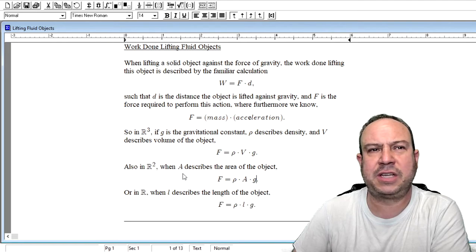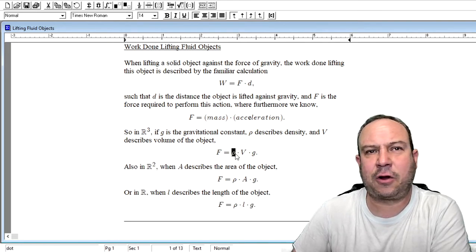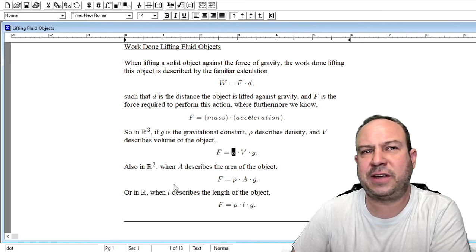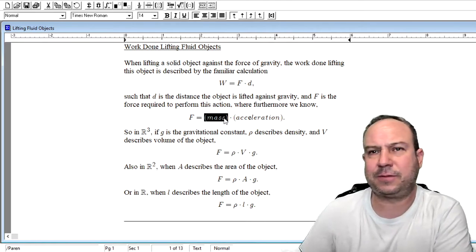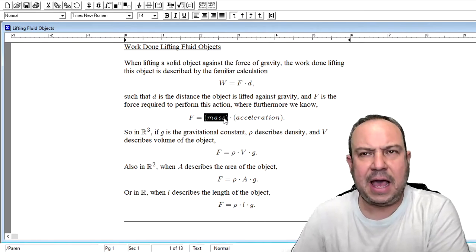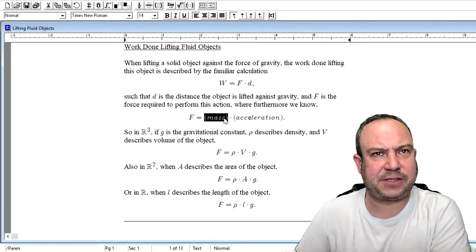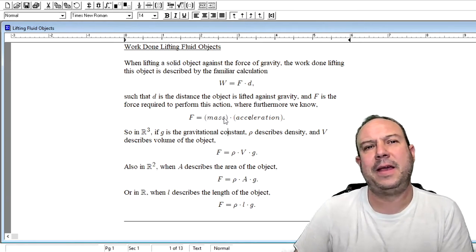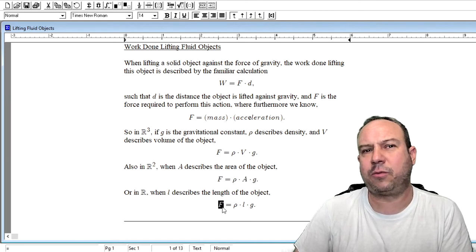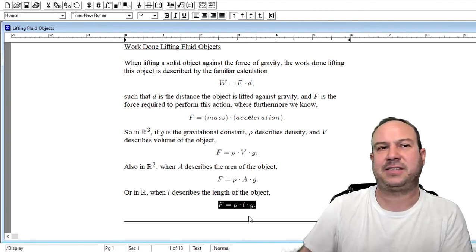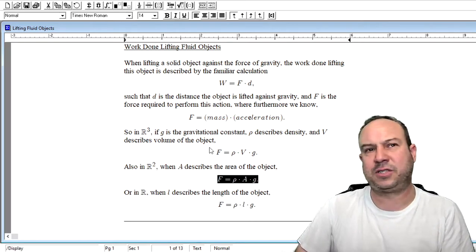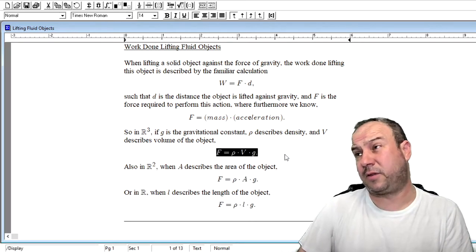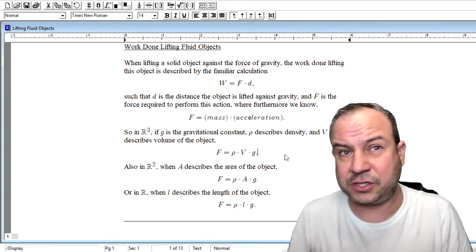We were introduced to this idea of density occurring in these different regions of space, and thus different setups for our mass calculations. These are the force calculations we're going to work with when lifting an object in one-dimensional space, in two-dimensional space, or in three dimensions.